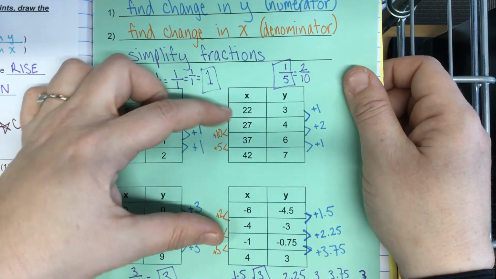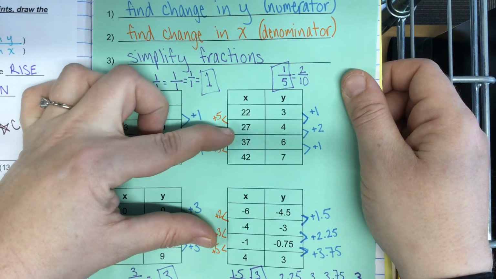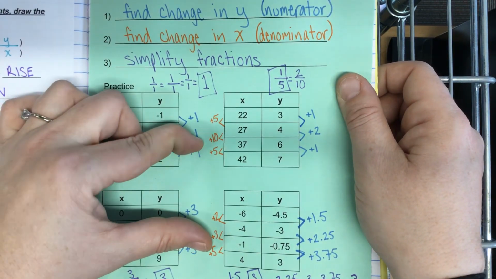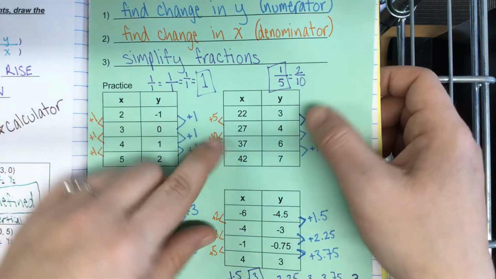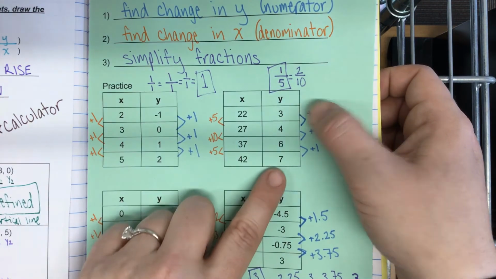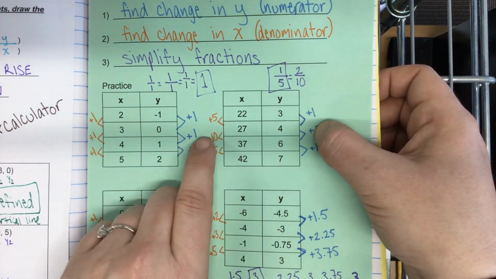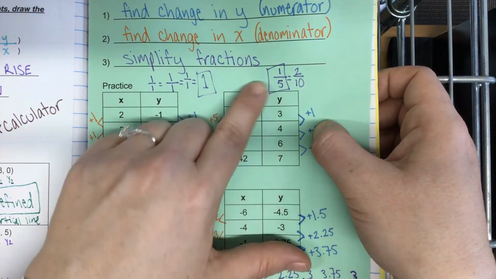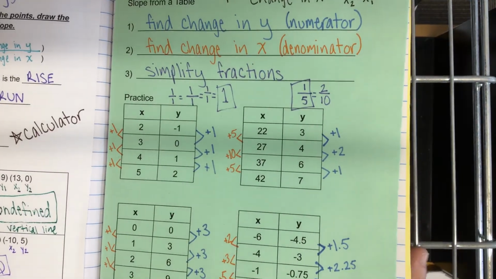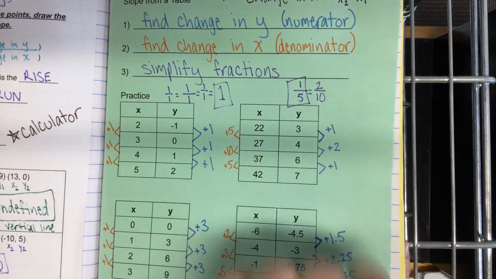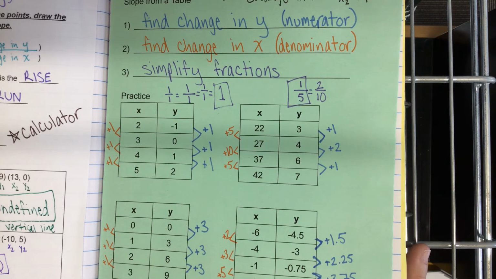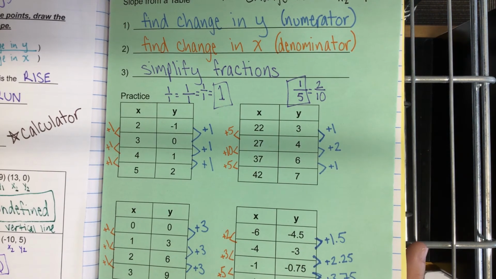Because over here, the change in x from here to here is 5. From here to here is 10. And then it's back to 5. And if you look, 1 over 5 is equal to 2 over 10. So this is linear because it's always the same. Even though they're different numbers, when I put them into that slope and simplify, it equals out.